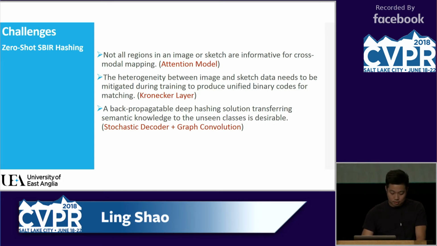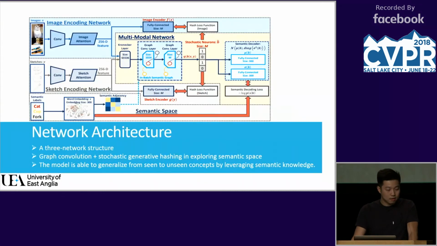And with that, we have the network structure shown here, which basically includes 3 parts: 2 for encoding the corresponding modality of data, and 1 as a code renderer. During training, image-sketch pairs are rendered to the network. The connector layer fuses the hidden representations of the image and the sketch pairs.